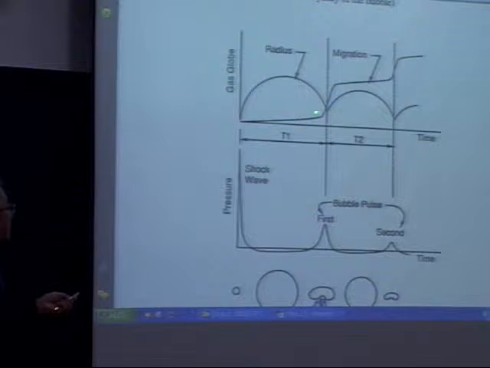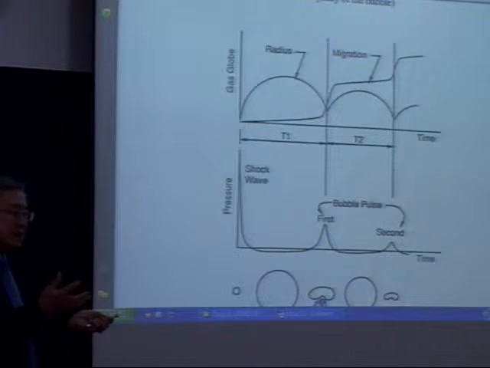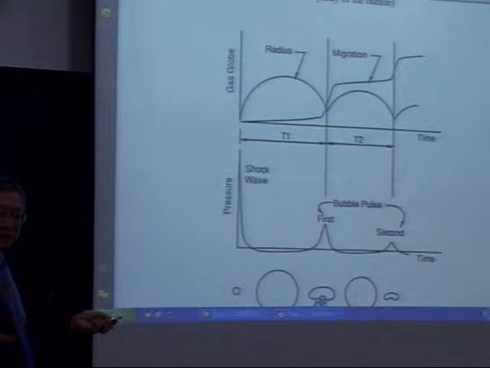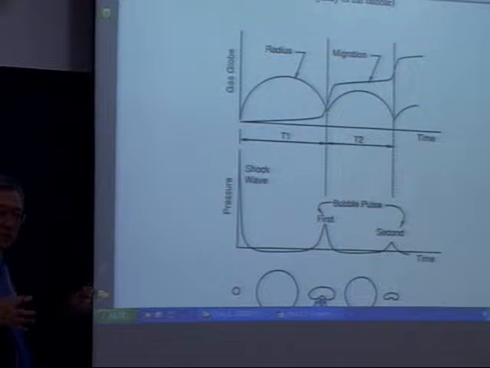So bang here, then it will go back. But now the size of the gas bubble is smaller. Why? It loses energy into the water as it works in the water.